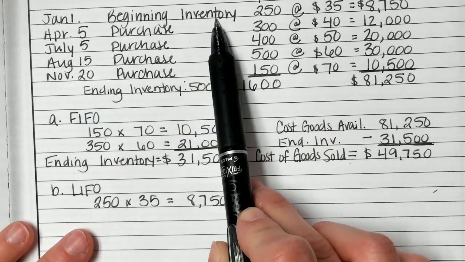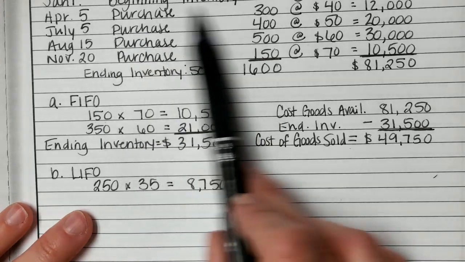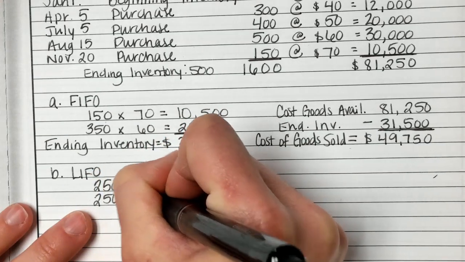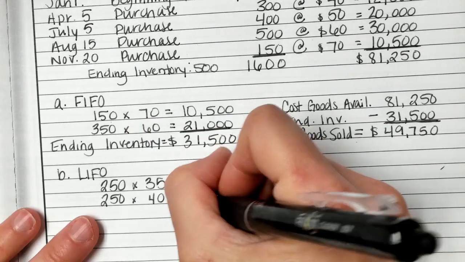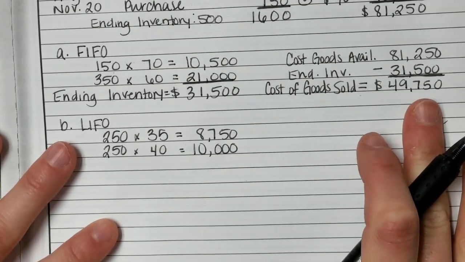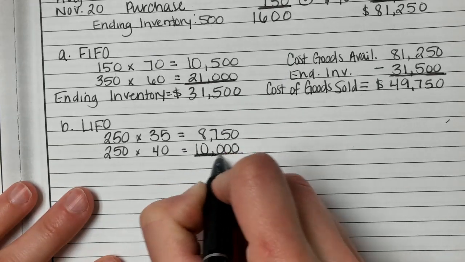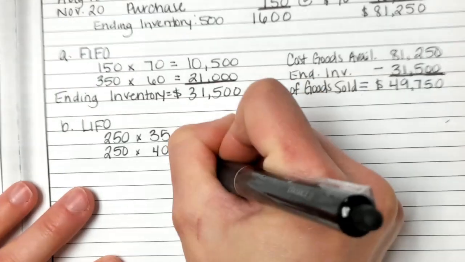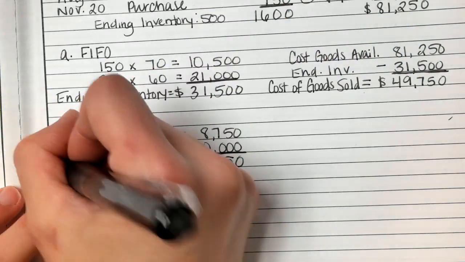We have another 250 that we need to account for, and then we'll use the April 5th price of $40. We add these up. And that gives us our ending inventory.